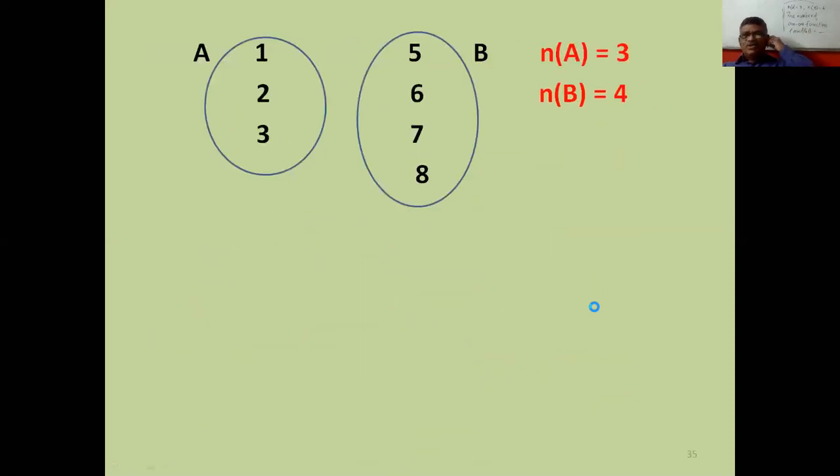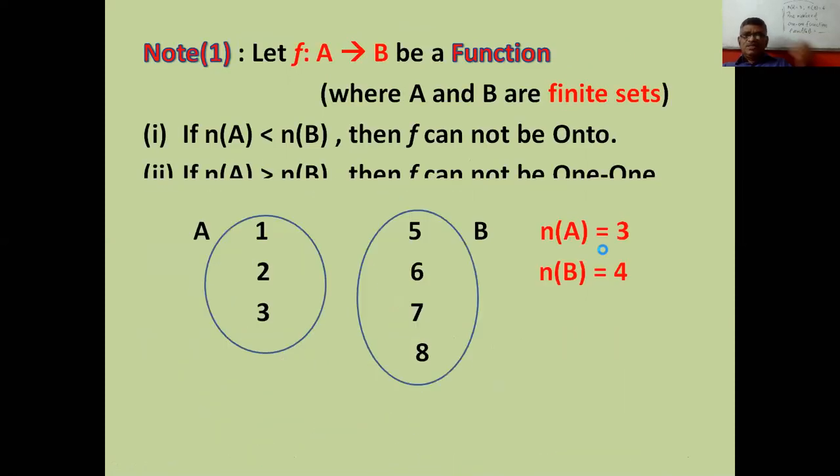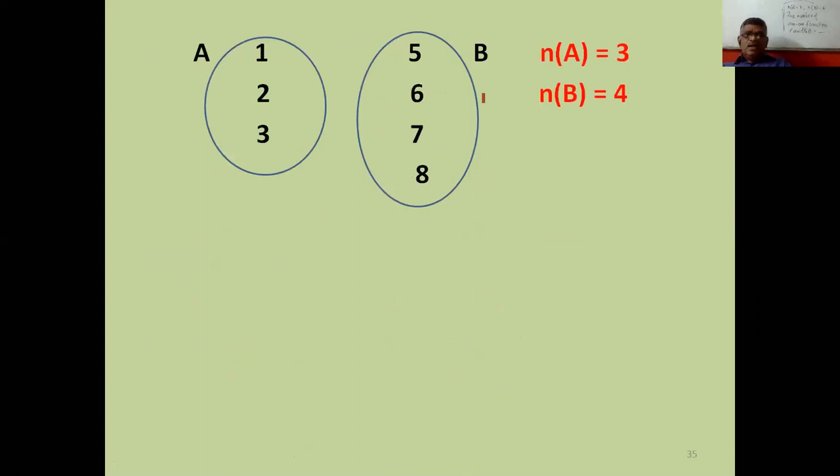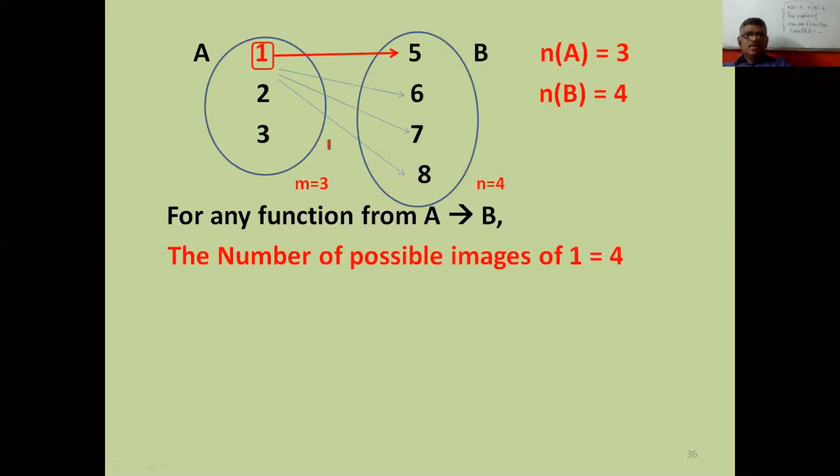Number of A is 3 and number of B is 4. A cross B has 12 elements, so 2 raised to 12 relations. 2 raised to mn is the number of relations, but my question is the number of functions. Element 1 has 4 possible images, since 1 can have only 1 image.